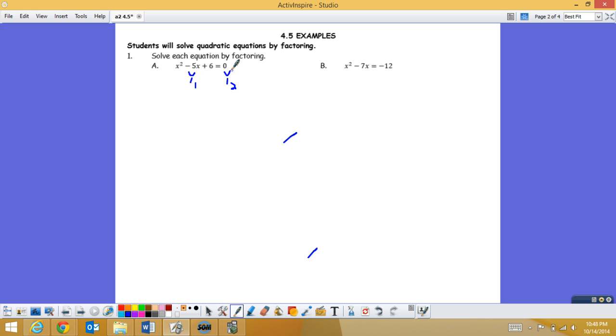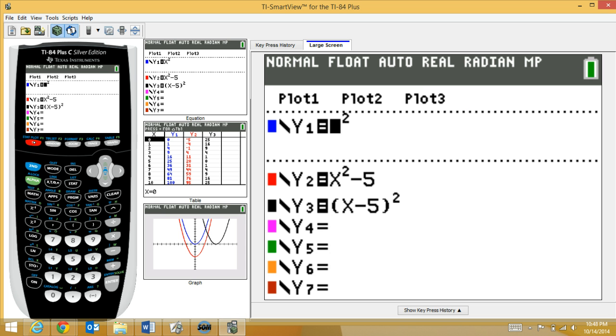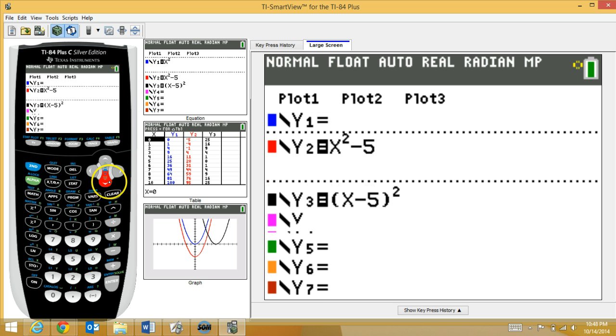Okay, so if we take a look on our calculator, when we go to y equals, we're going to clear out anything that's in there.